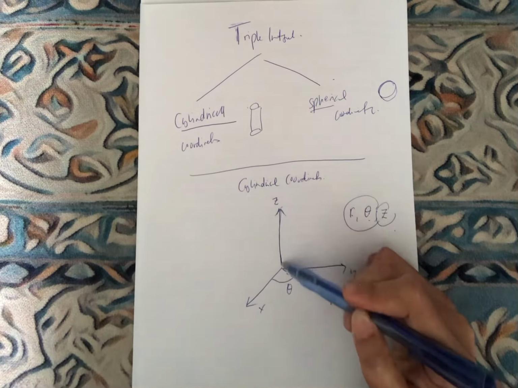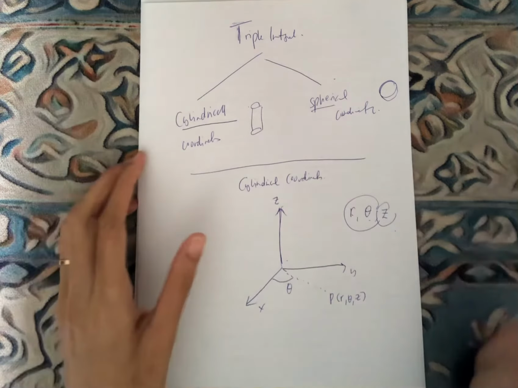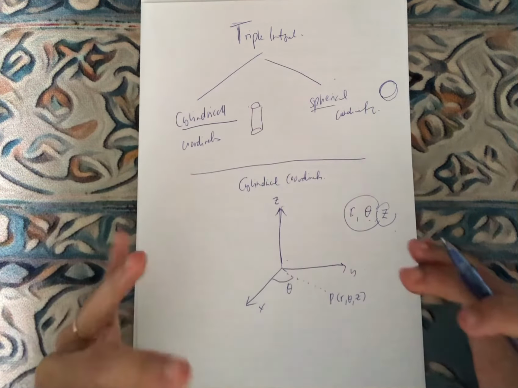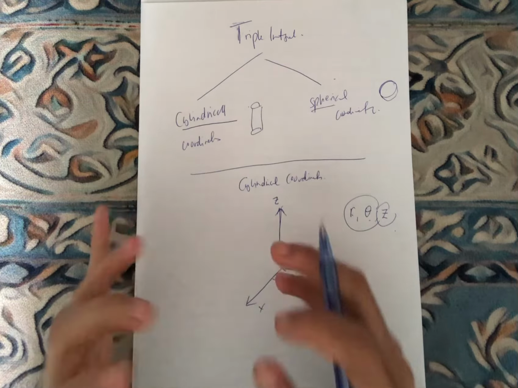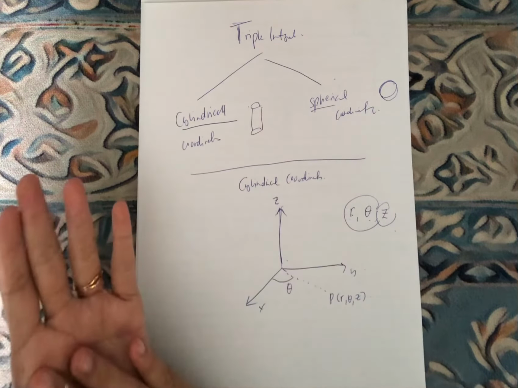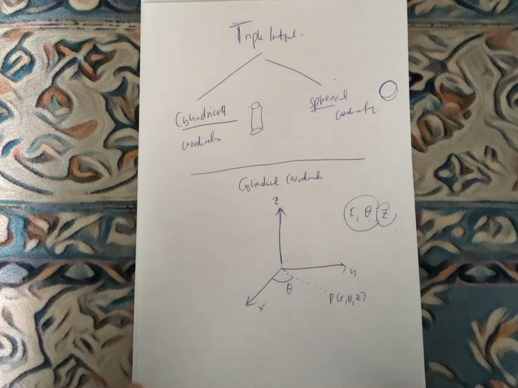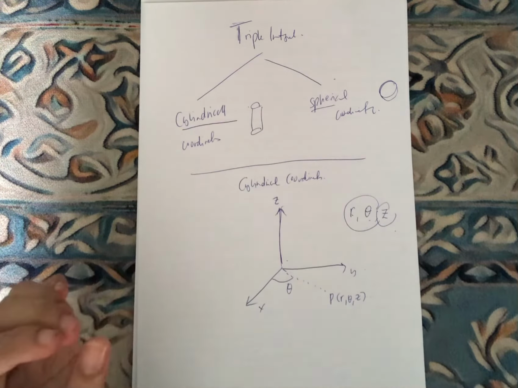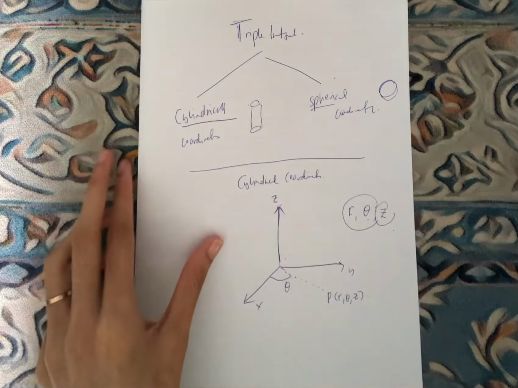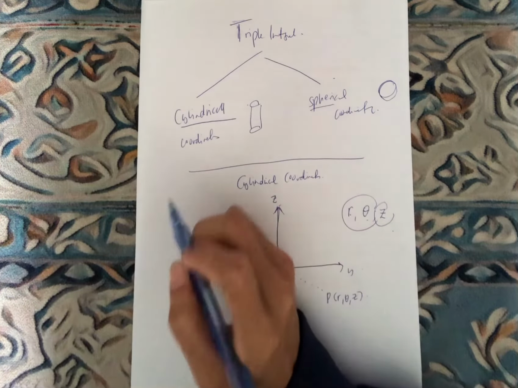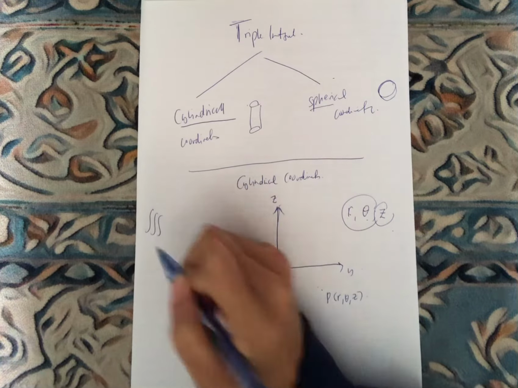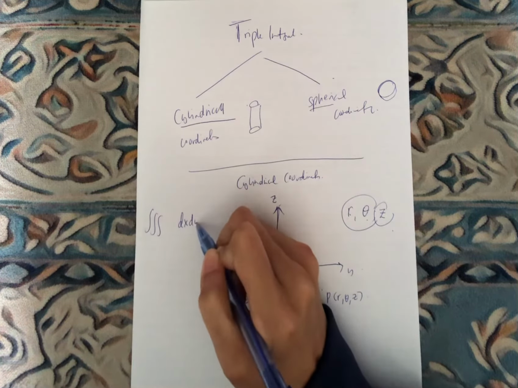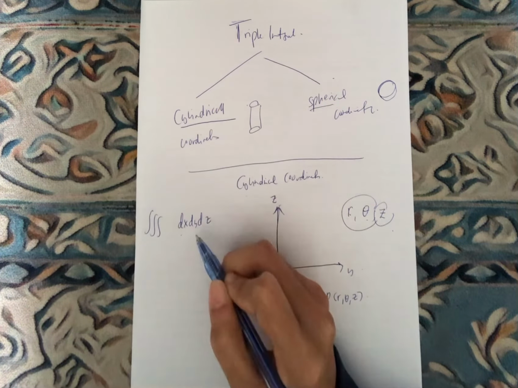So you need a substitution, because the question will be given to you in terms of Cartesian coordinates. You need to substitute that x, y, z, and it will become cylindrical coordinates. So for the substitution, I first write the Cartesian dx dy dz.